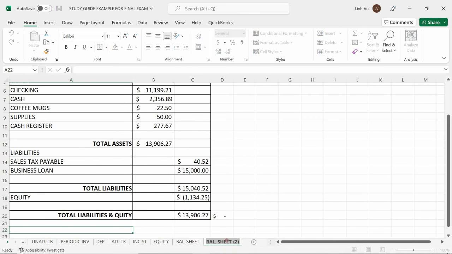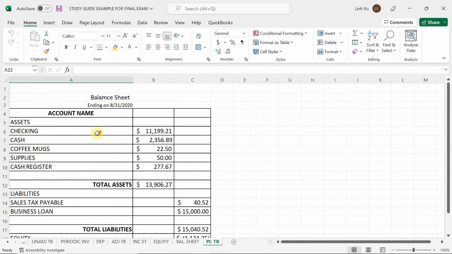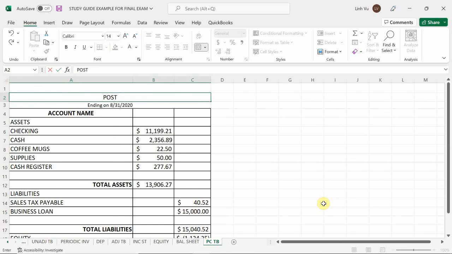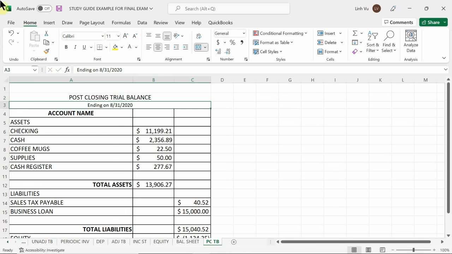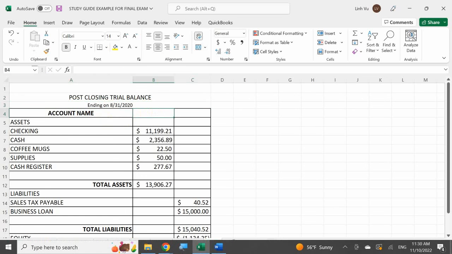So here, I'm going to call this PCBTB. And I'm going to call this my post-closing trial balance here. I'm going to call my left column my debits. I'm going to call my right column my credits.